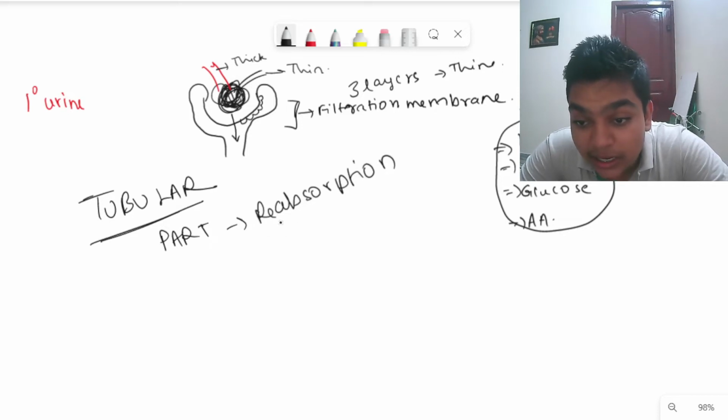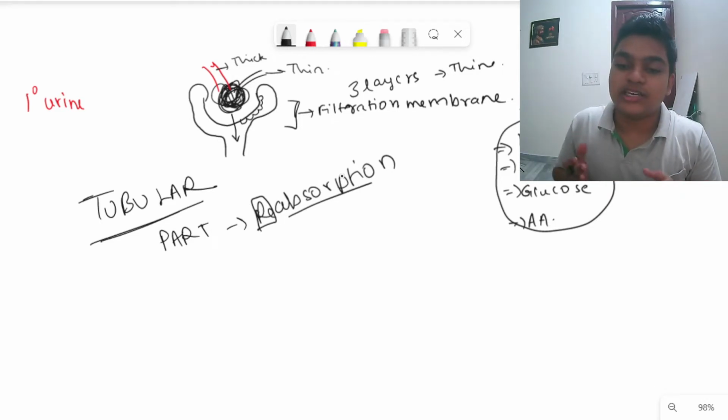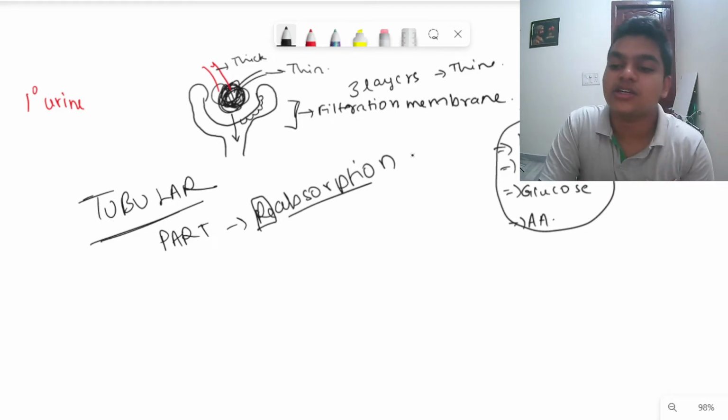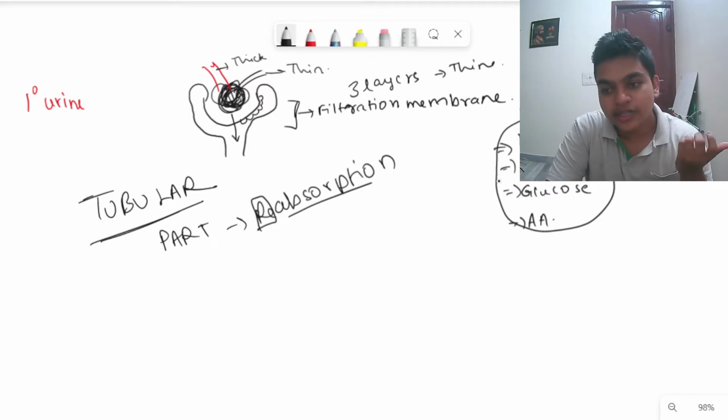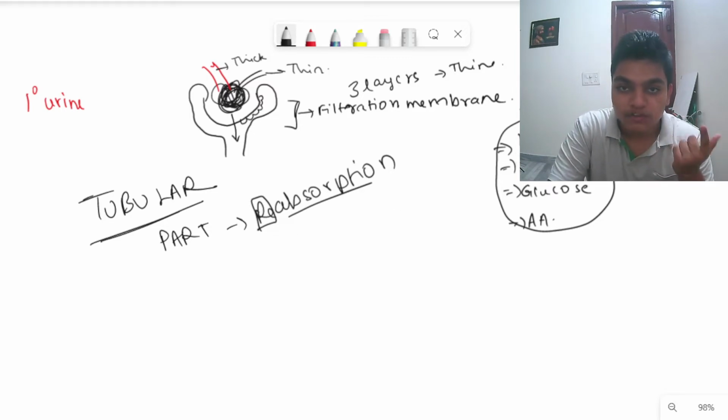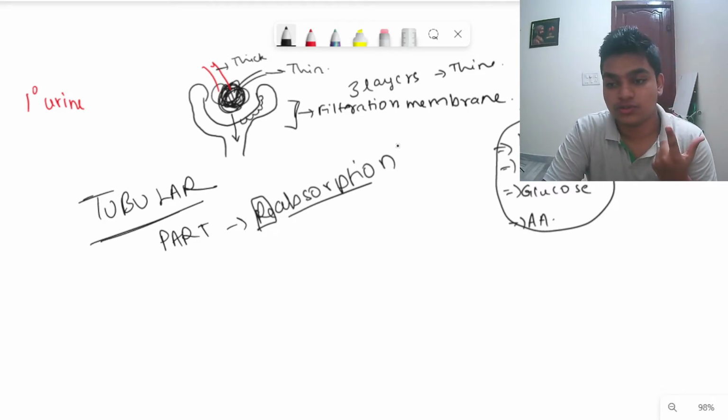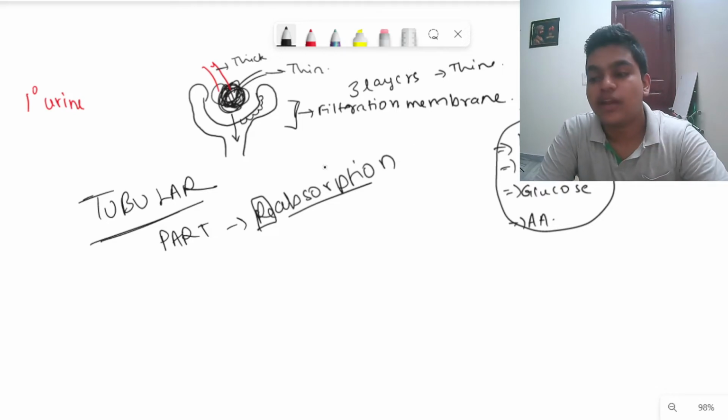Reabsorption means absorbing again. So this is the process in which the tubular part of the nephron absorbs the essential nutrients, water, glucose and amino acids, or essential components simply, into our body, and it is called reabsorption.